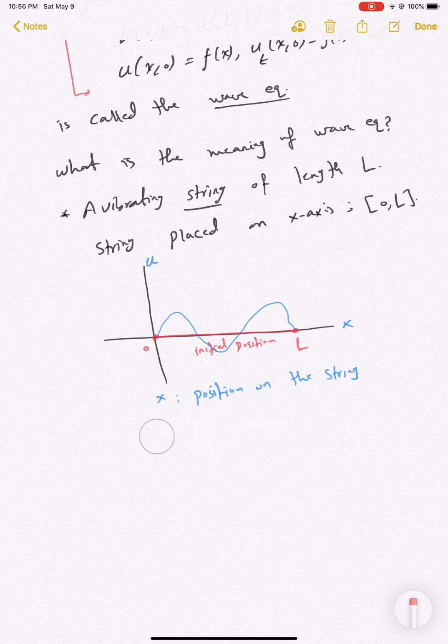Okay. What is t? t is the time. And what is u? It is the position of the string after t units of time.